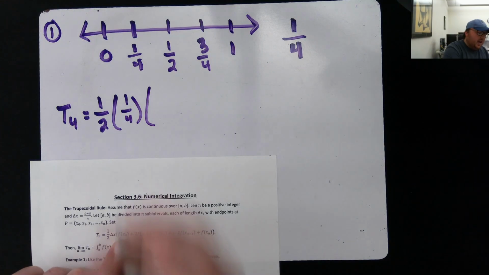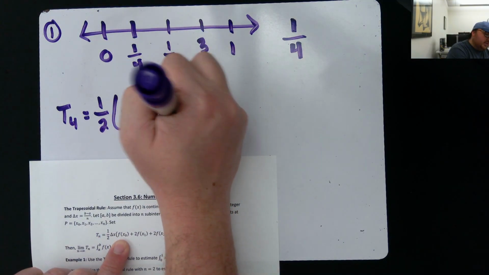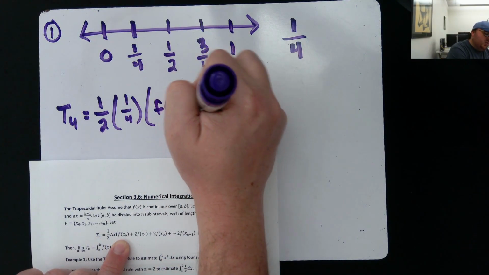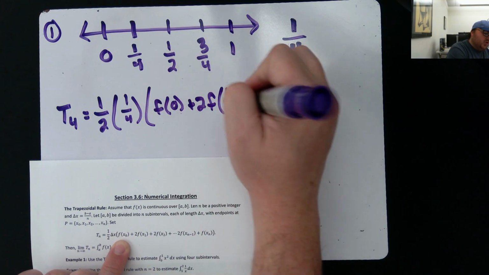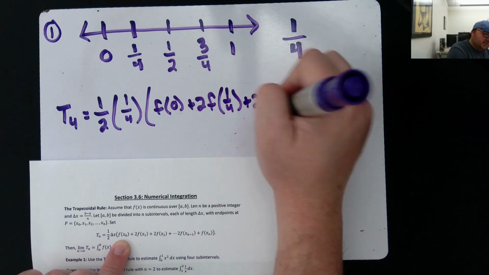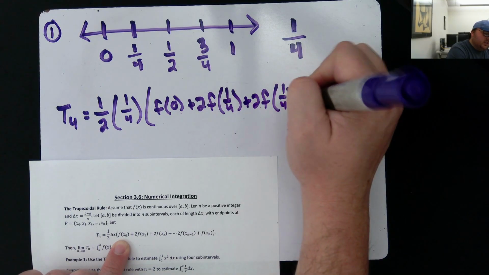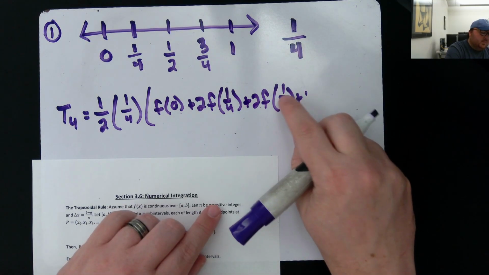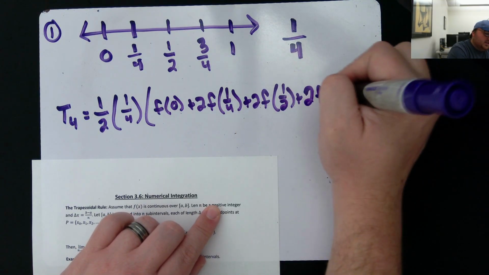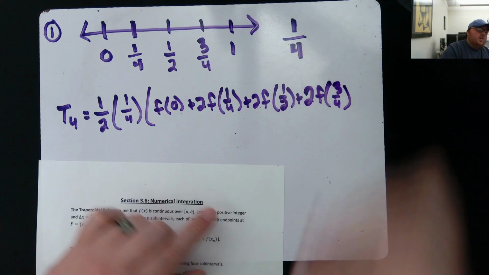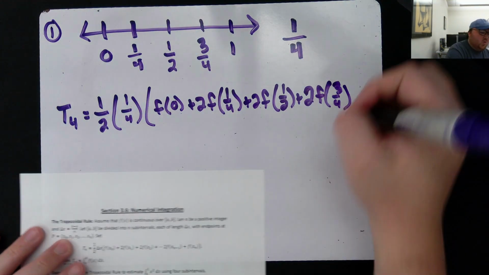So 1 f of my first point plus 2 f of my next point plus 2 f of my next point plus 2 f of my next point. And then the only point I have left is my last point, which I only do once.